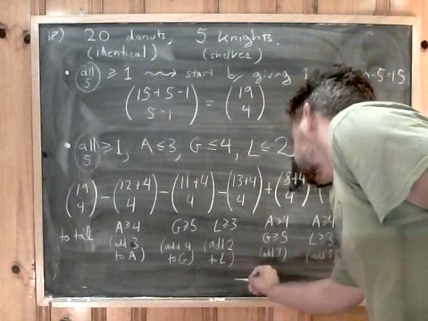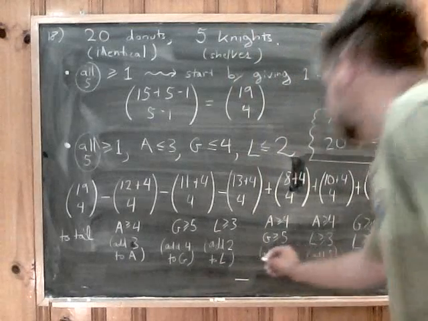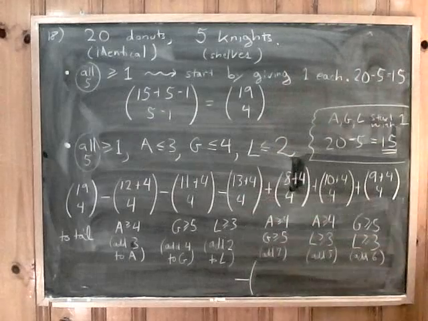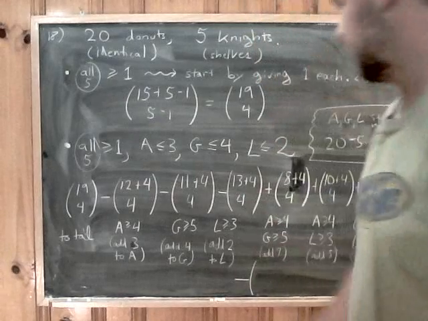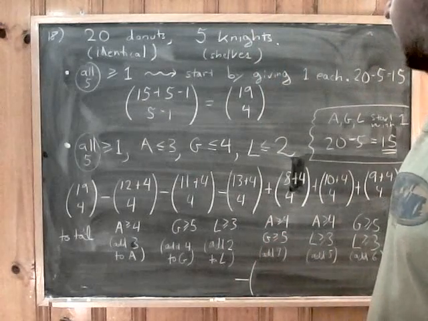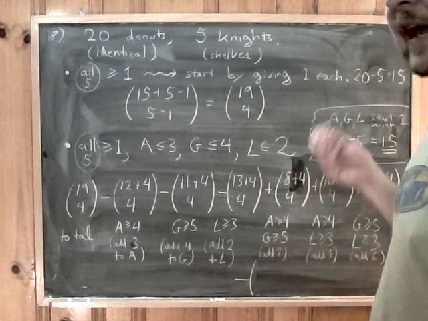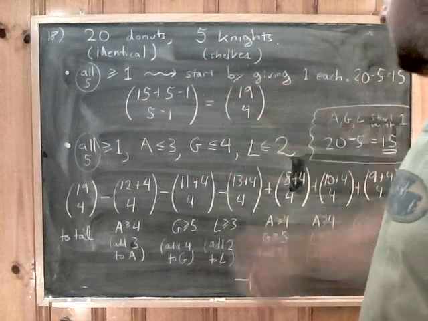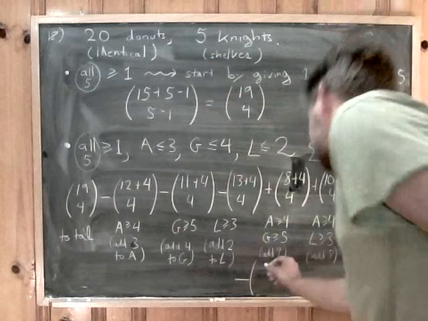So I need a minus, and this is going to be all 3, so I should just be able to look at all 3. We're going to add 3 to A, 4 to G, and 2 to L. So that's a total of 9 donuts that I get to add to their piles before I start distributing. And 15 minus 9 is 6.